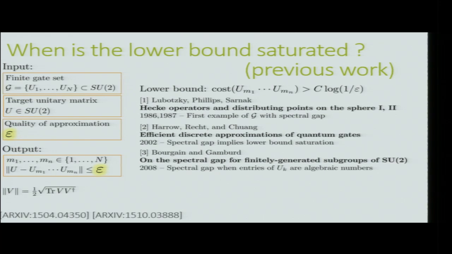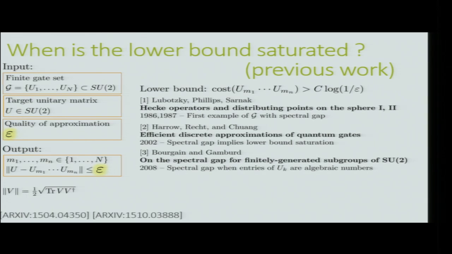And for this reason, this result by Bourgain and Gamburd from 2008 actually resolves this particular question about saturating the lower bound for a very wide class of sets G, because it says, well, if G is already dense in SU(2) and has entries as algebraic numbers, then it has a spectral gap, right? And it turns out that for our applications, this is always the case.